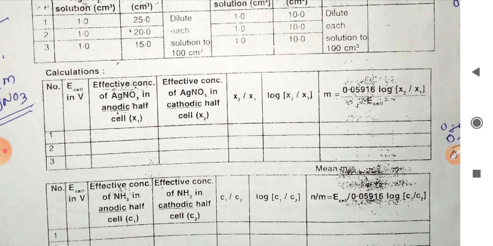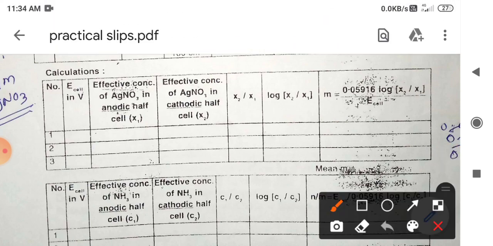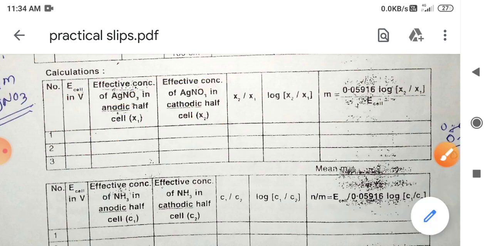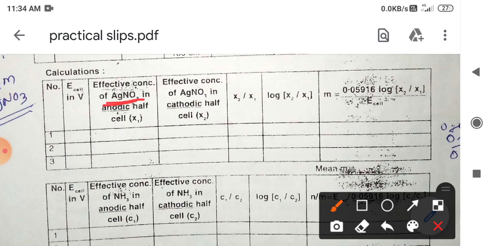So what are the calculations? For set 1 and set 2 we have different calculations. In set 1 we changed the amount of silver ions, so we need to find the effective concentration of the silver nitrate ions. We simply use the M1V1 equals M2V2 formula to find the effective concentration of silver ions in the anodic half cell.